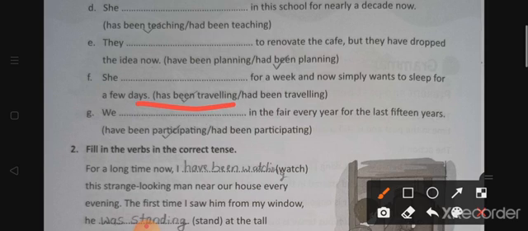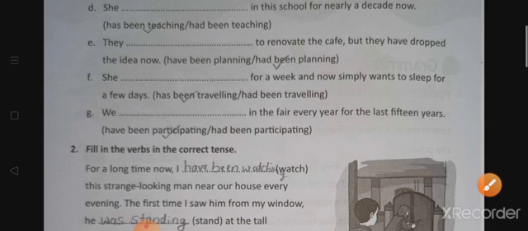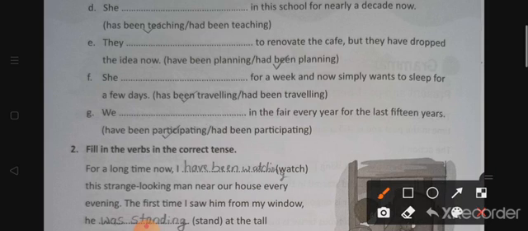That's why we are going to write she has been traveling. And the last one, we dash in the fair every year for the last 15 years. That means the action which is going on since the last 15 years. That means present perfect continuous tense. We have been participating in the fair every year for the last 15 years.